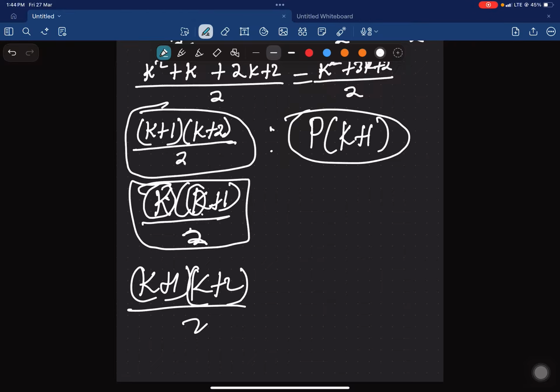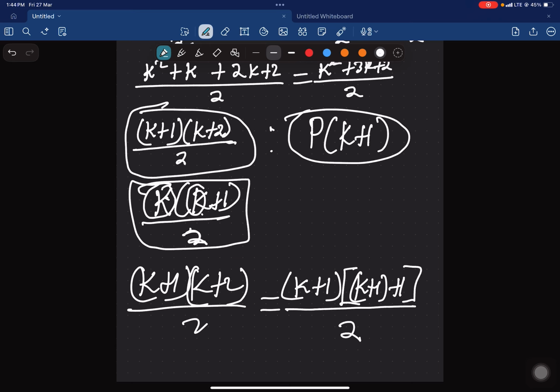Here the number we're dealing with was K, the number K multiplying the number K plus 1, then divided by 2. We want to achieve the same thing over here, and it's very achievable. So here it means K plus 1. We can expand the K plus 2 to look like K plus 1, then plus 1, which is the same as K plus 2, then over 2.